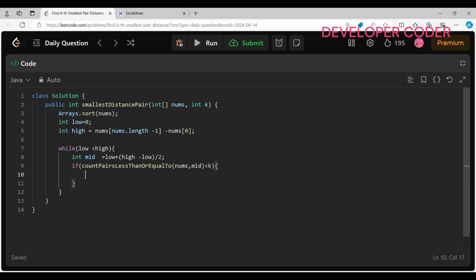Then in that case we have to update my low as mid plus 1, and in the else part we have to update my high as mid.